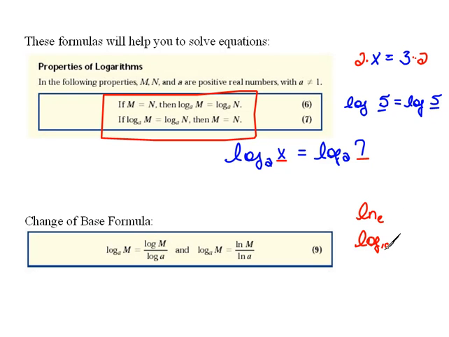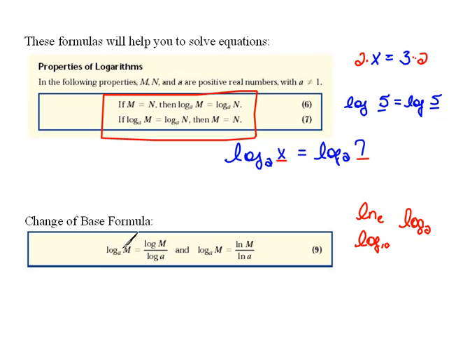So if we're going to use our calculator to do anything, if we have something that says log base 2, we can't use our calculator because now it doesn't understand it. This also helps us out if for some reason you're doing logs with different bases. Then you need to change them so that they're the same so that you can work with them. So there are a lot of reasons that we would do this.